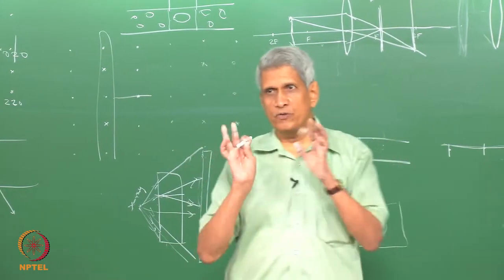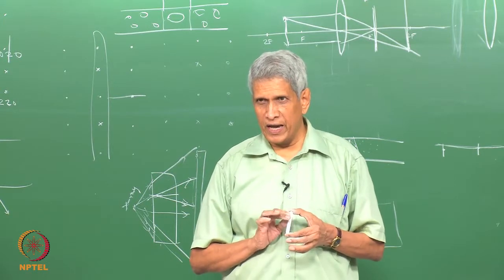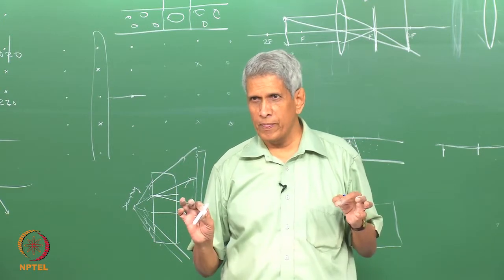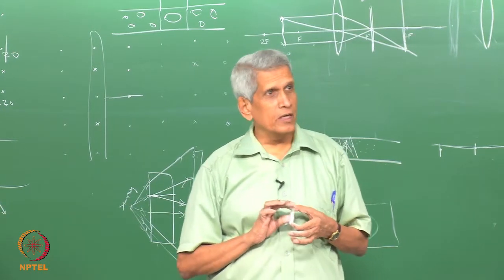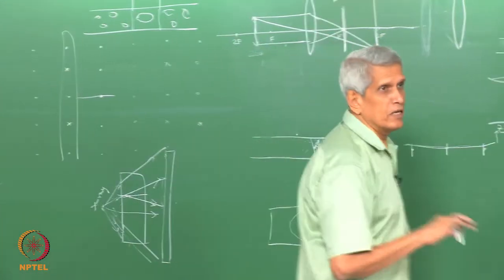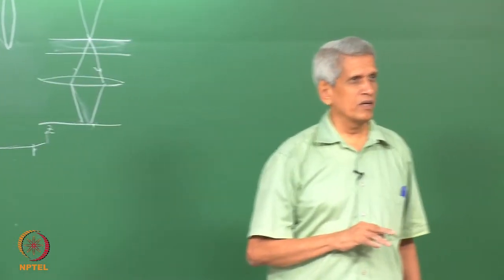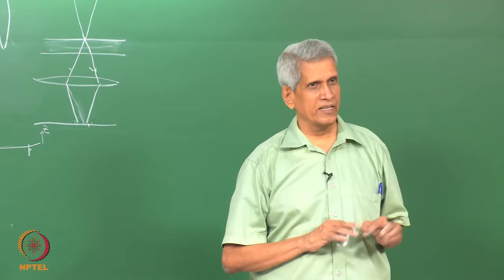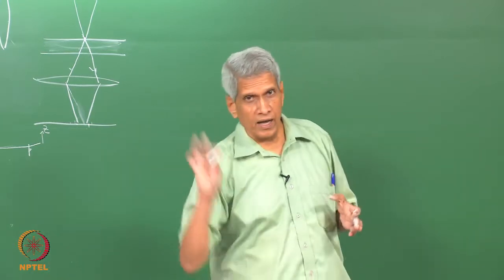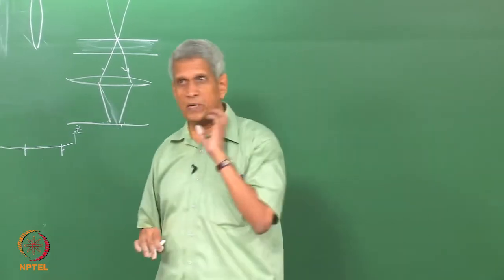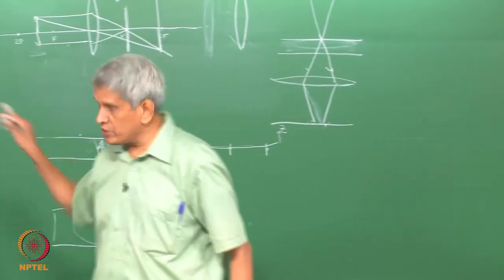So you get very sharp lines, and the separation between them can be used to find out lattice parameters. Using this technique, we can find lattice parameters to 1 in 10 to the power of minus 5. It is one of the most accurate techniques to find lattice parameters using X-ray. I do not think in a conventional diffractometer you can find up to the fifth decimal place. Using this technique it can be done.